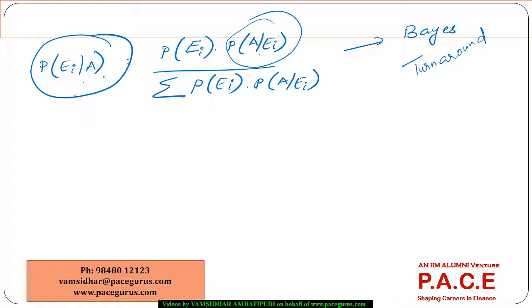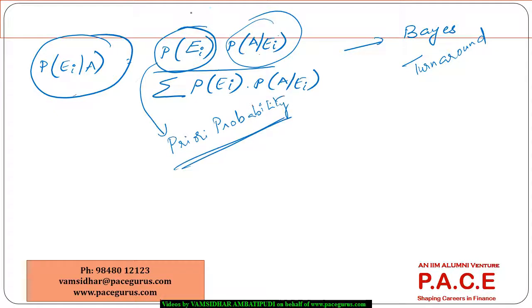So if you look at it, probability of Ei, the initial probability of occurrence of Ei, is called the priori probability. So initially the probability of occurrence of Ei is this much. Now a new event A has occurred. Because the new event A has occurred, I am thinking that the probability of Ei could change.